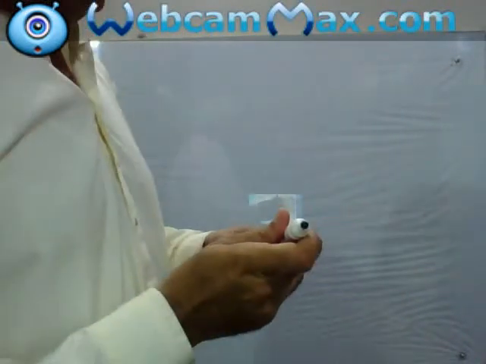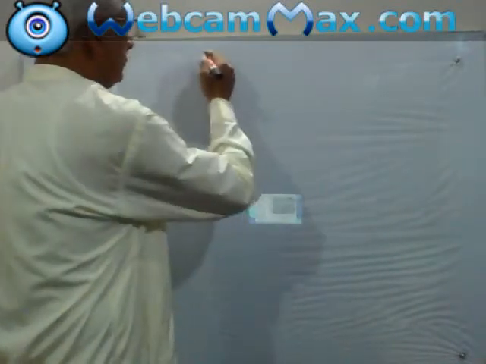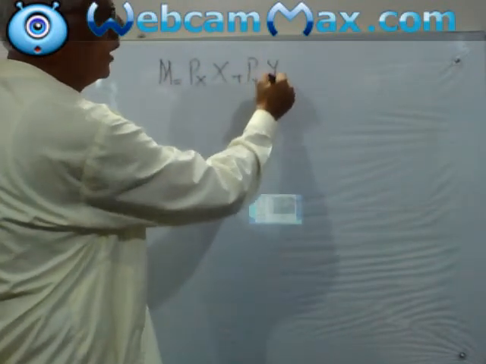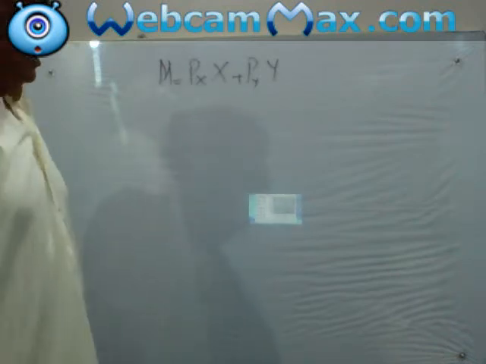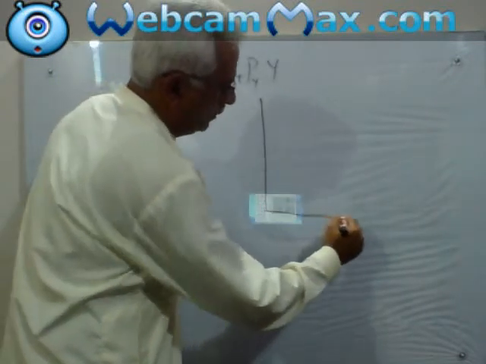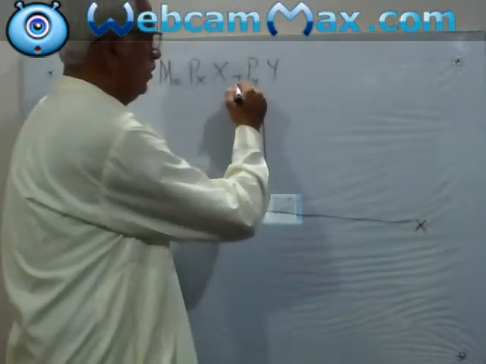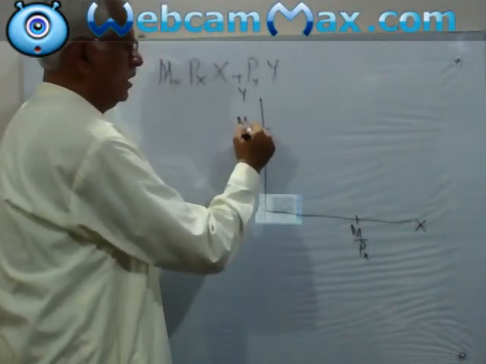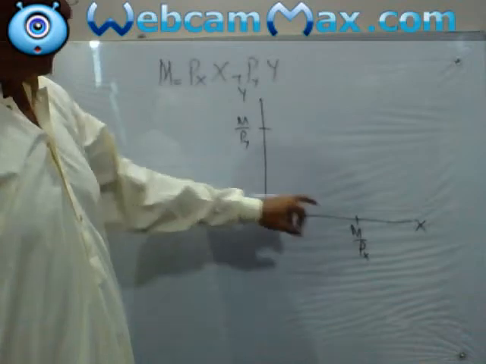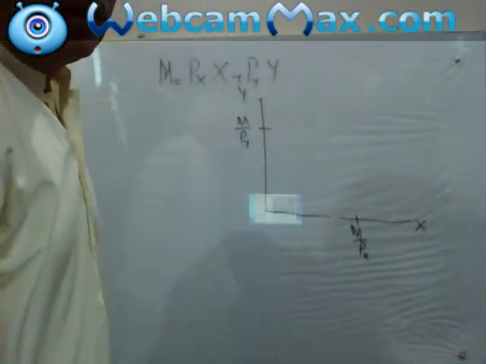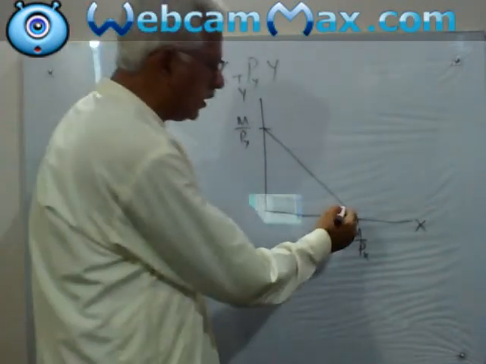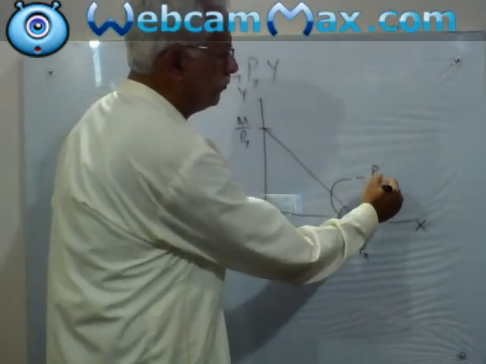Now you already know that the budget line is given by m equal px x plus py into y, and using this equation, if we plot the budget line, then it is given by the vertical intercept and horizontal intercept, and when we join these 2 points, that gives us the budget line, with the slope of px over py.